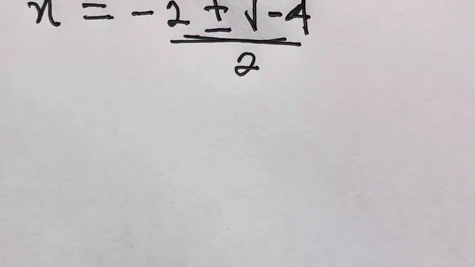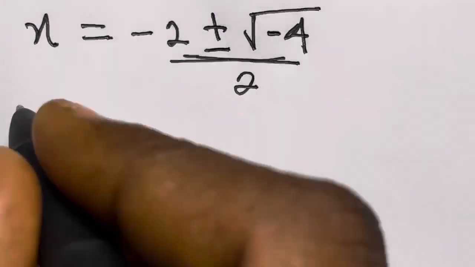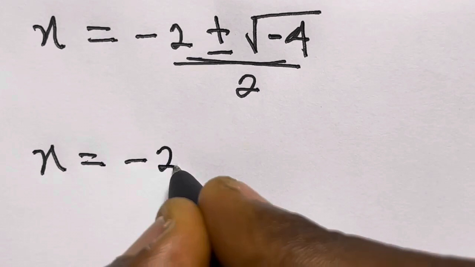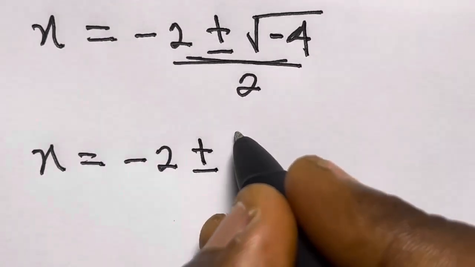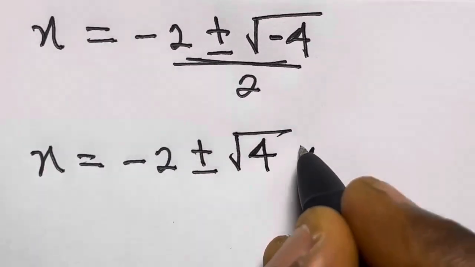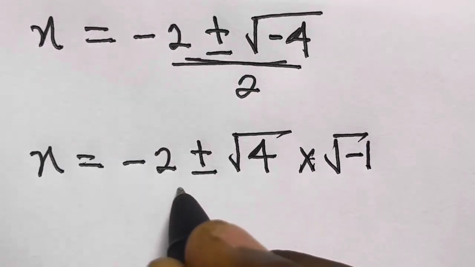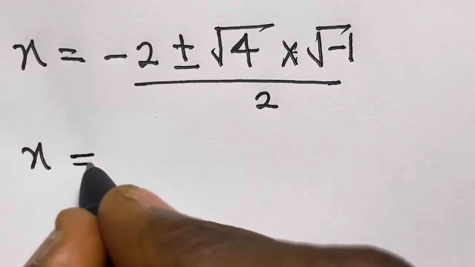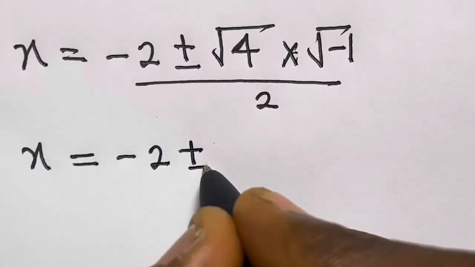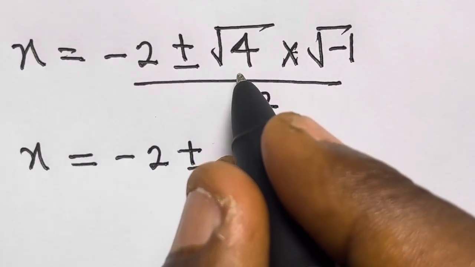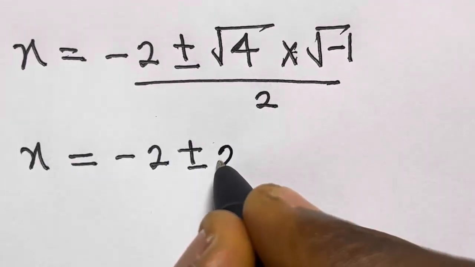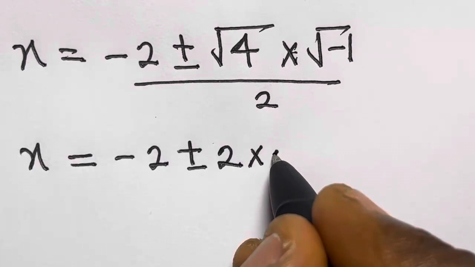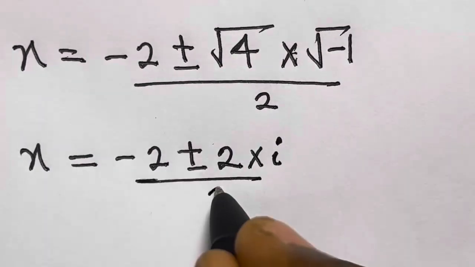So we have x equals minus 2 plus or minus square root of 4 times square root of minus 1, divided by 2, and we have x equals minus 2 plus or minus square root of 4, that is 2. But don't forget that i, which is iota, is equal to square root of minus 1. So this is equal to i, divided by 2.